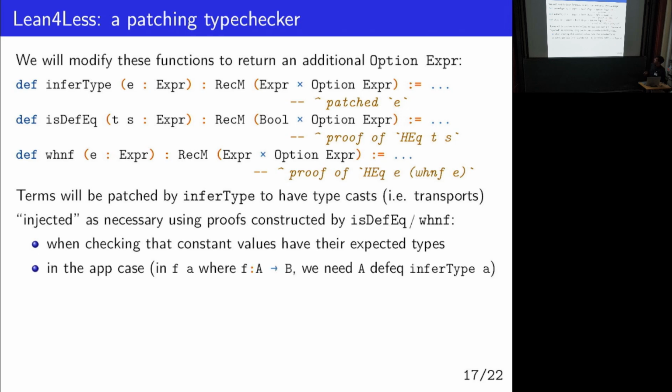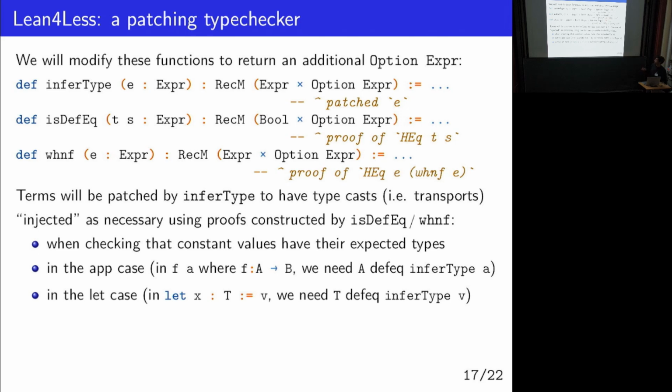And in the application case where we apply some function, we have an expected type on the inputs. So we will need to potentially apply casting to its arguments after we infer its type. And in the let case, similar to the definition case, in Lean we also annotate those with expected types.